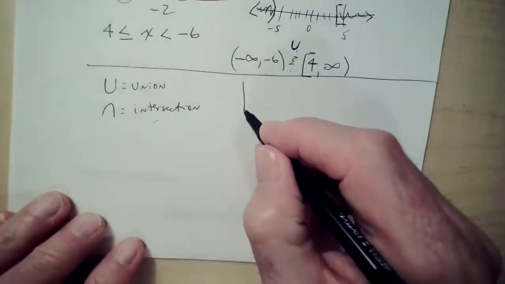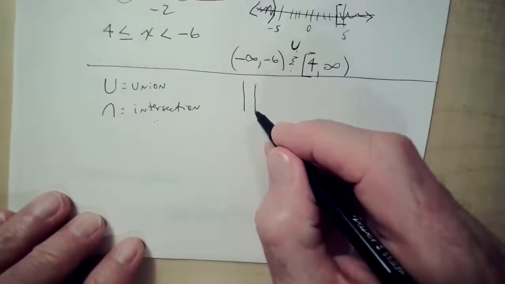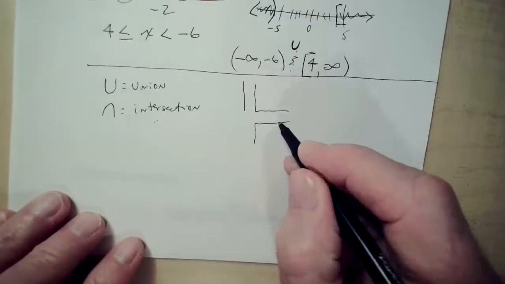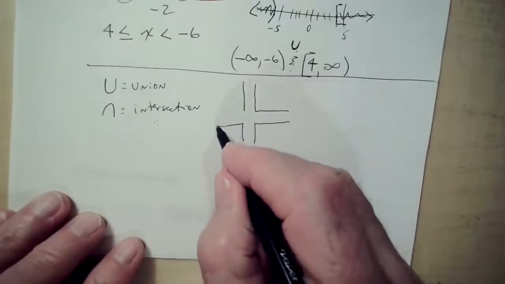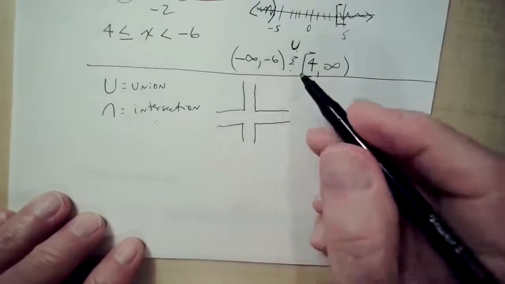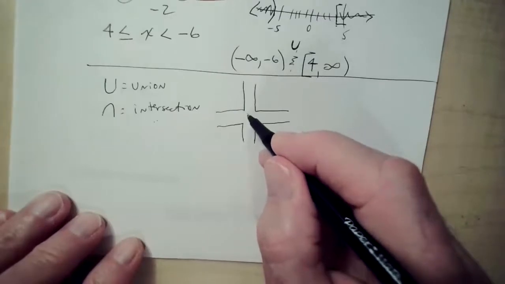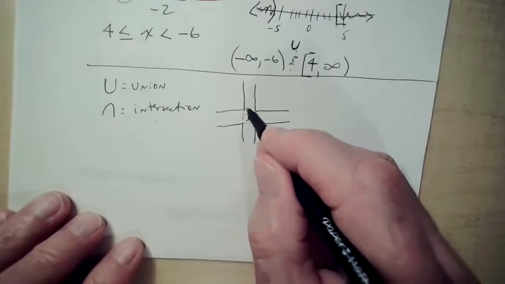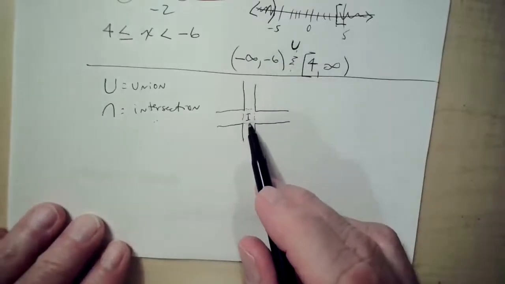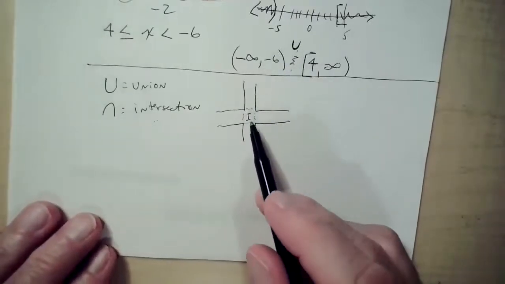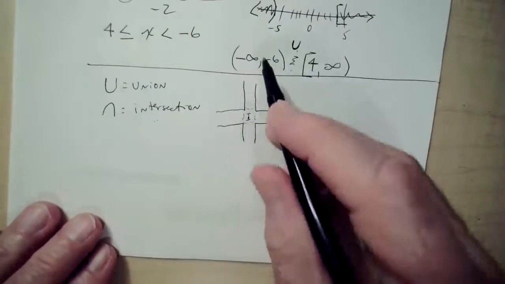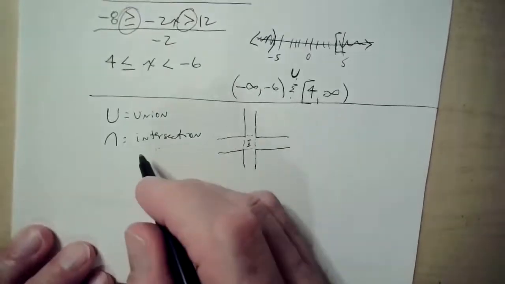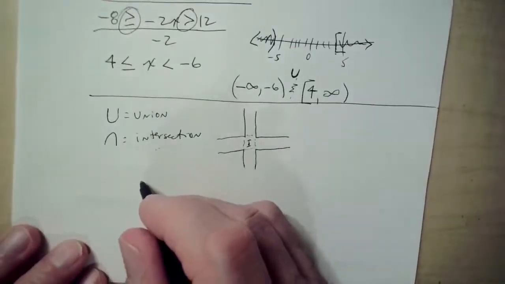The intersection, just think of the intersection when you're driving. Don't laugh at my drawing. Where's the intersection? Right here. The intersection of a set of numbers is only the ones that are in both, or on both roads.